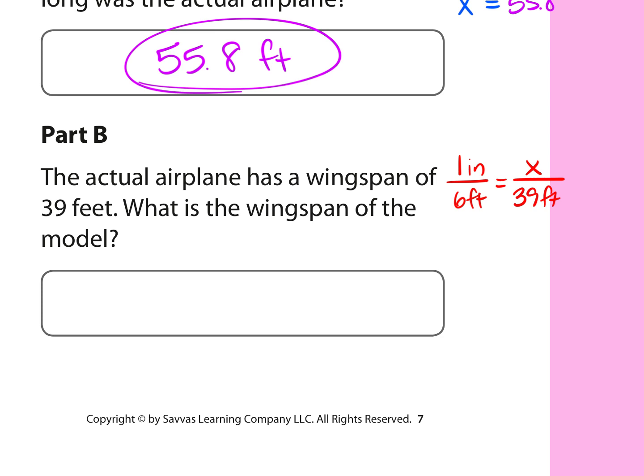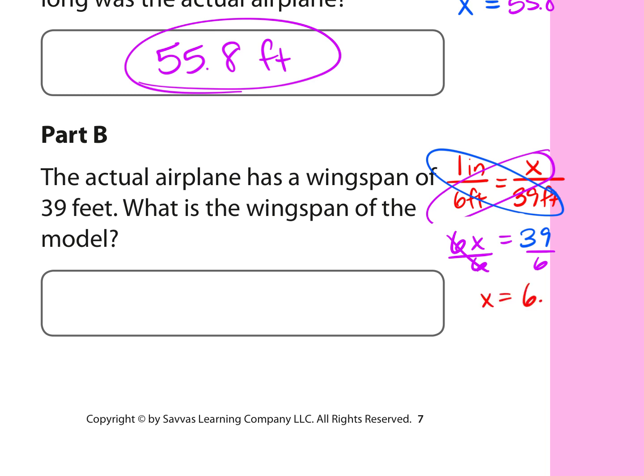I'm going to cross multiply and get 6x is equal to 39. Then divide both sides by 6 to get that x is equal to 6.5. So 6.5 inches because it's looking for the distance on the model.